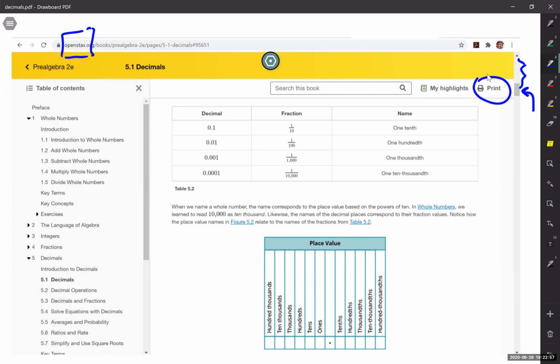Okay, so 5.1. First I want to talk about how decimals and fractions are related, because a lot of times people can read fractions no problem, but they can't read decimals. I wanted to show you how they're the same thing, especially when we get into converting between fractions and decimals. It's going to be a lot easier to convert if you know how to read the number.